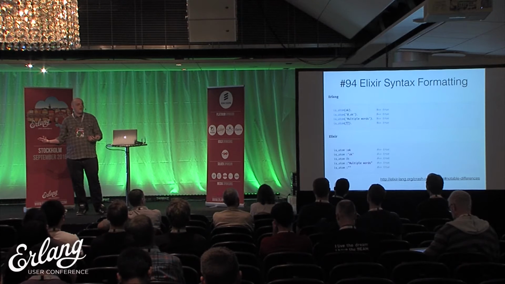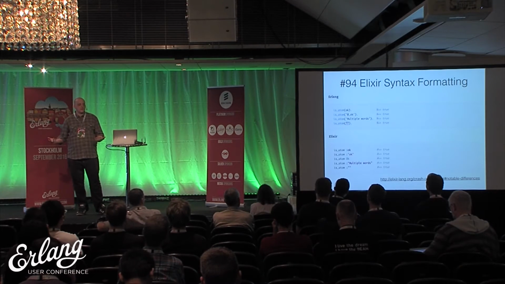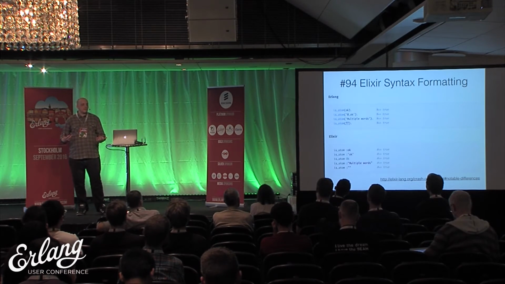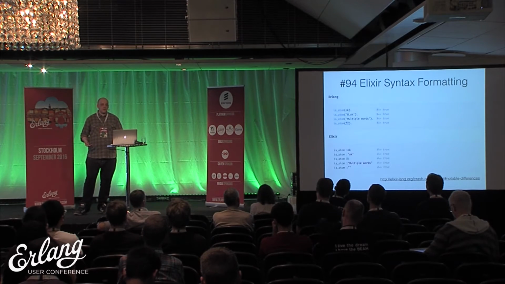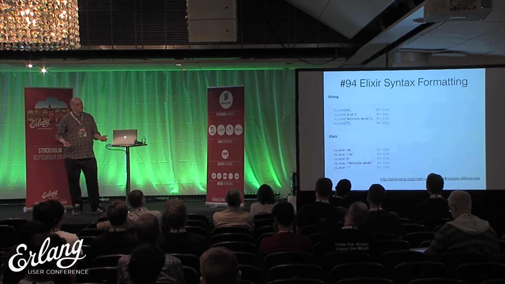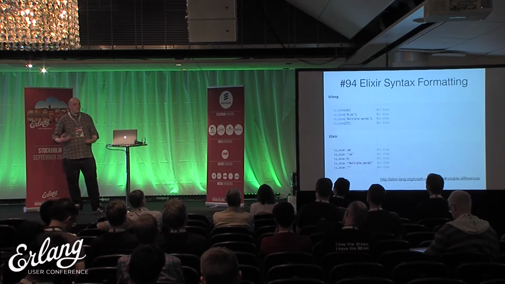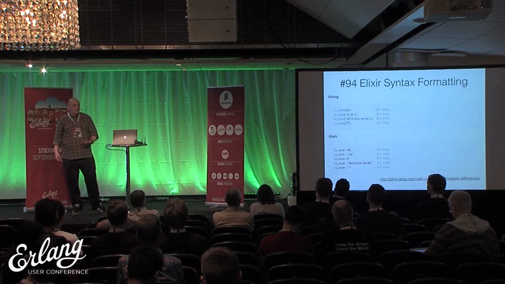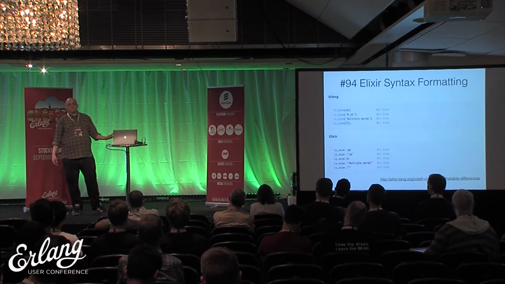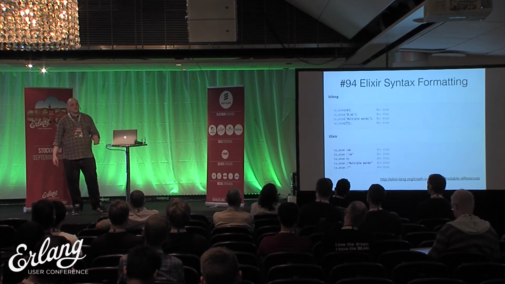For LFE, you'll get round brackets for lists. For Erlang, you'll get square brackets. But there's nothing for Elixir yet, so you just need a formatter, something that takes the Erlang terms and produces Elixir representations as a string.